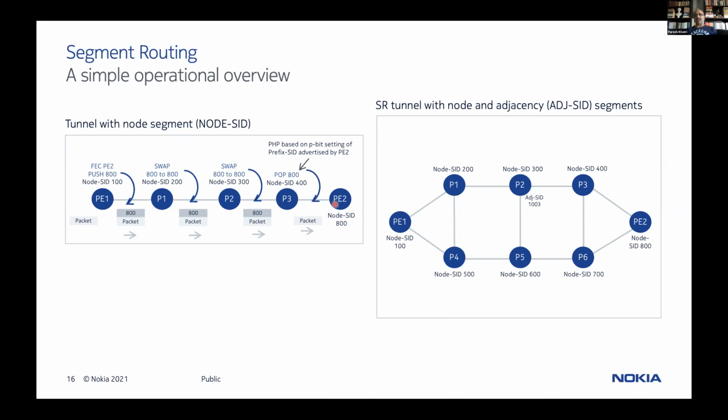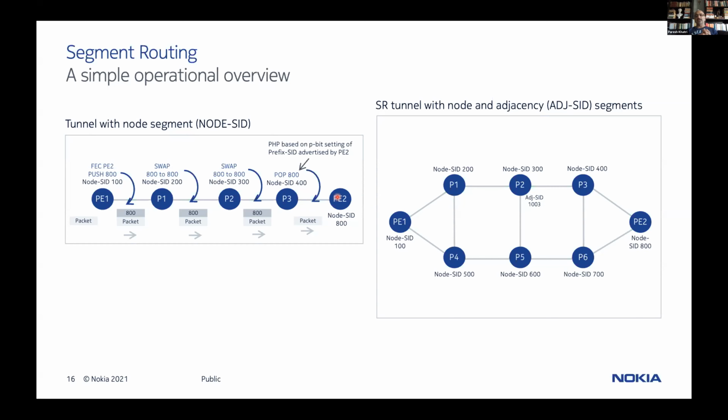It knows where the packet's going. So it can optimize things by removing the label. But I don't want you to focus on that. This could well have been a scenario where we're not doing PHP at all, and it's sent with a label of 800. The point here is that you put a single label on it at P1, and it's enough to get us to PE2. So a very powerful mechanism. Now, let's think about how this is better than LDP or RSVP-TE.